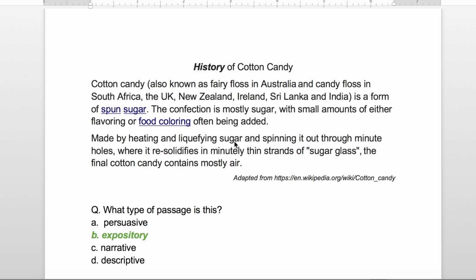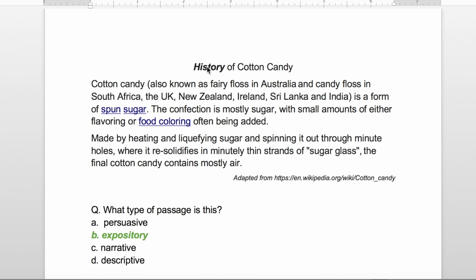Okay? Now I'm going to show you another type of an expository passage. First thing we're going to do, as always, is read the question first. What type of passage is this? Do you remember I said if you look up at the title and you see the word history in the title, and notice this passage about cotton candy does not have any numbers in it, but because it's a historical passage, it's telling us the history of the development of cotton candy, then we know it's expository.